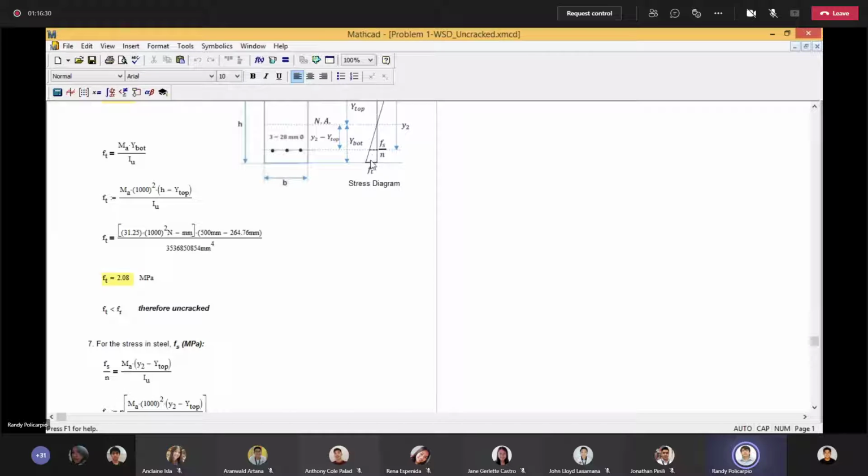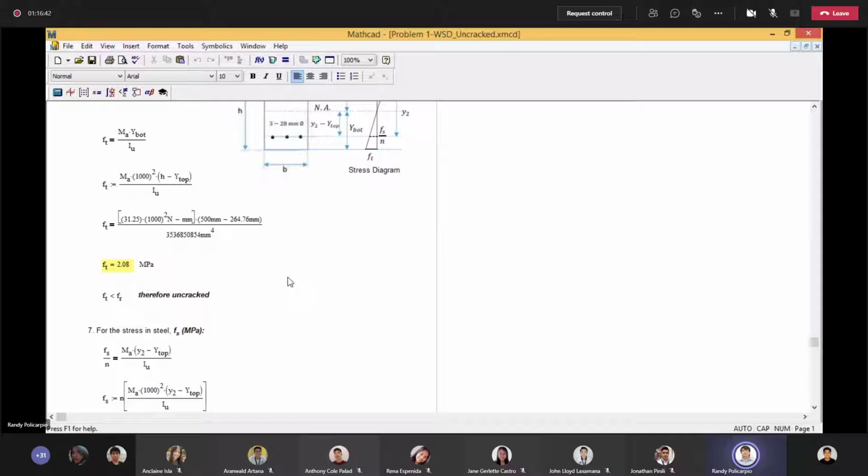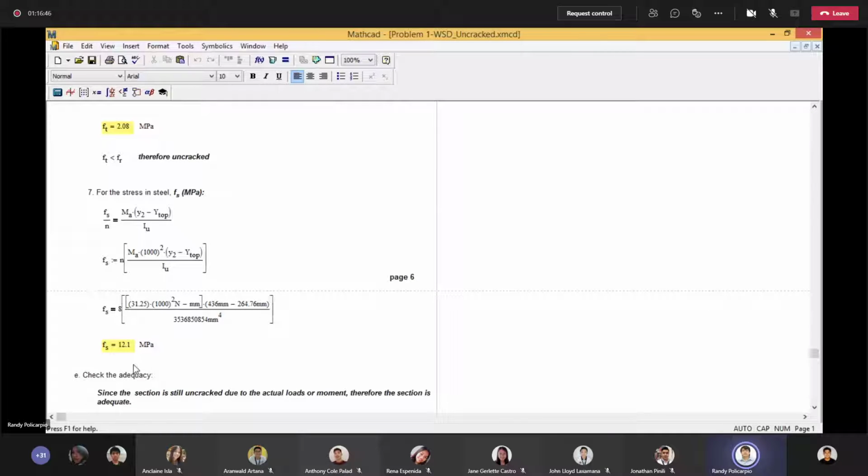So it will be divided by N. And the distance for our Fs over N is Y2 minus Y top. So it is Y2 minus Y top. So put that in there. And the result is 12.1 megapascal. So that is our stresses, no? Okay?